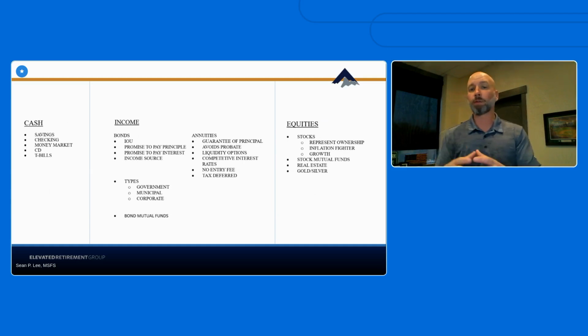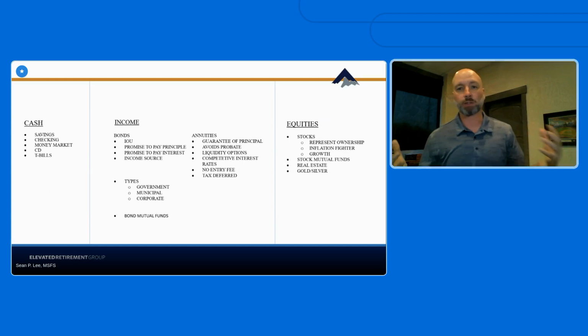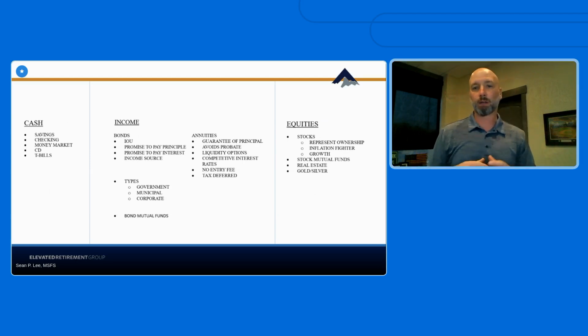They're going to focus on maybe some international. And so they're going to focus on certain areas: large, medium, small companies, international companies. Maybe there's a specialty mutual fund that's got different sectors in it.